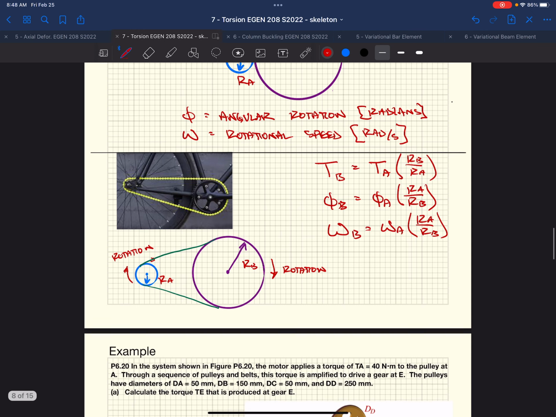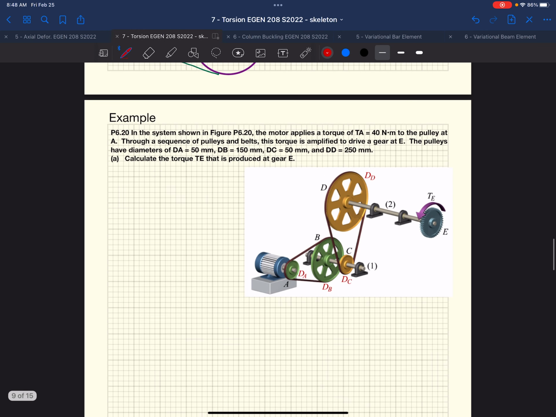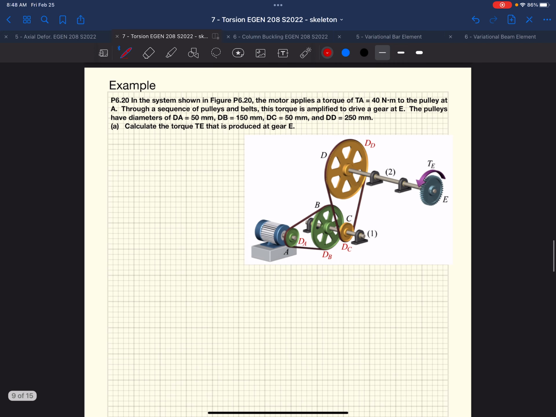All right, let's start an example. Okay. So in this example, we've got a motor that's applying a torque, and we have a pulley shaft assembly where the motor's applying torque to a pulley of a known diameter, to another pulley of a known diameter, along a shaft to another pulley, right? And then finally we're going to take that out at the very end of a gear at E, okay?